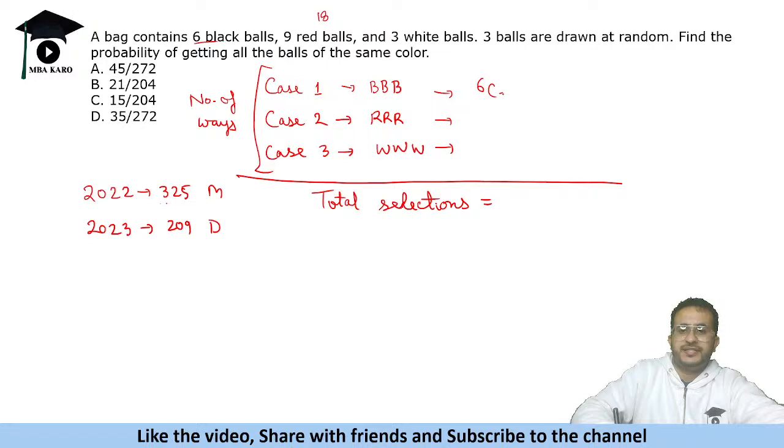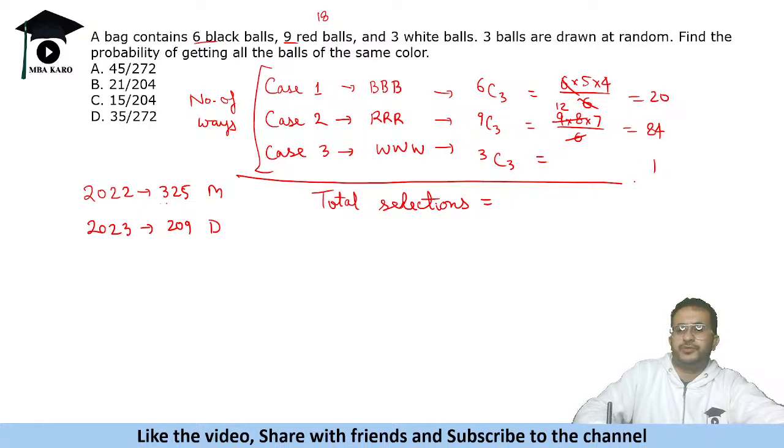So 6C3, that is 6×5×4 by 6, which is 20. Okay. Three red balls out of 9, so 9C3, 84, and 3 white balls. There is only one way to get all 3 white balls. So total we have 105 ways of selection, and total selections are 18C3.